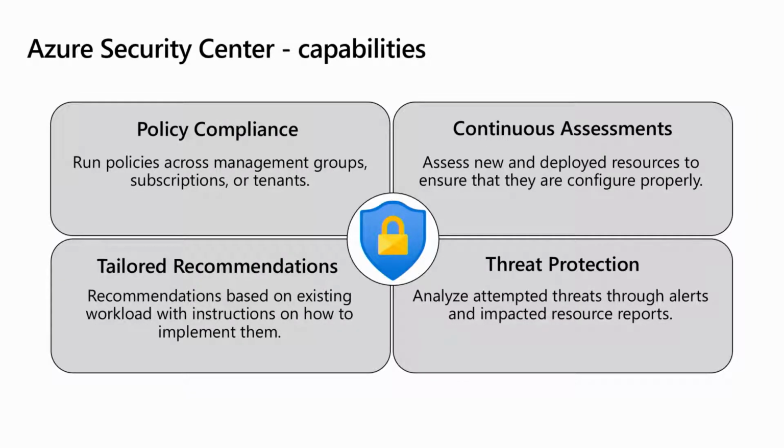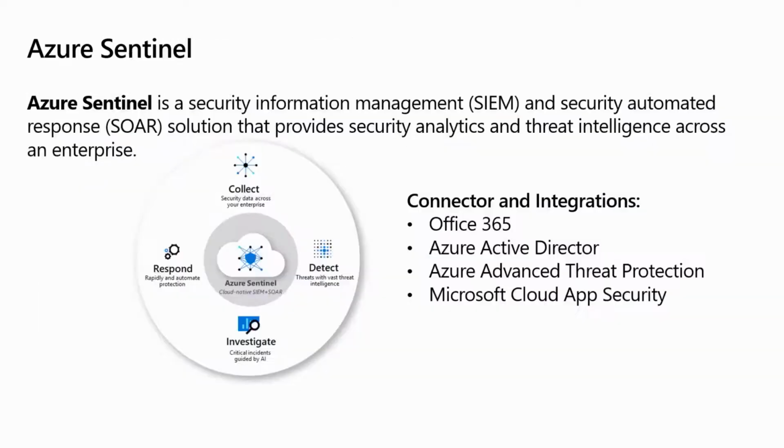All right, next we have Azure Sentinel. And this is really great because you can think of this as a bird's eye view across your entire enterprise. So really what it's doing is taking all of this history and experience that Microsoft has in security and putting it to work for you in your own enterprise.